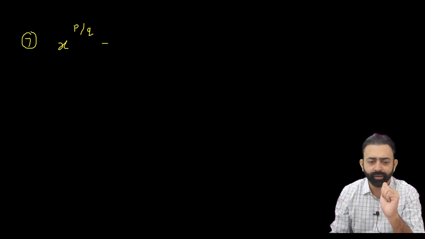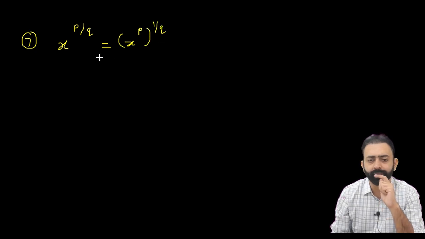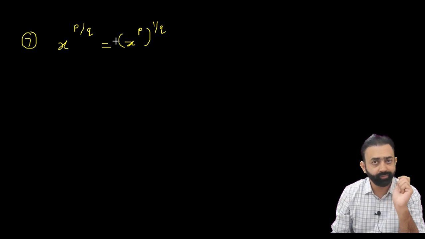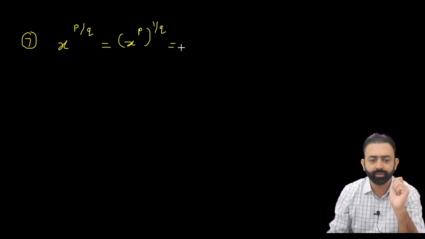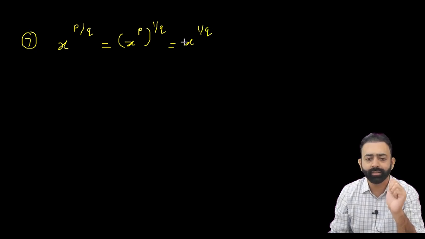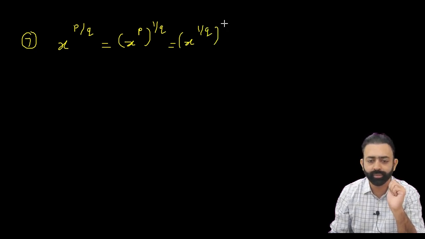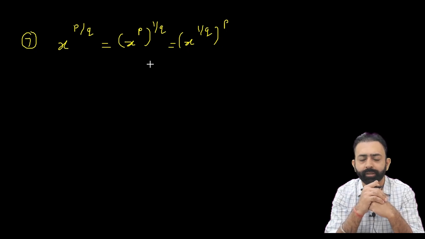Okay, so I can write this as x raised to power p raised to power 1 over q. I can apply the law that x raised to power p will get multiplied by 1 by q. So this is written in fact as x raised to power p by q. And if this is true, I also learned that exponents can get interchanged. This can be written as x raised to power 1 by q, raised to power p.